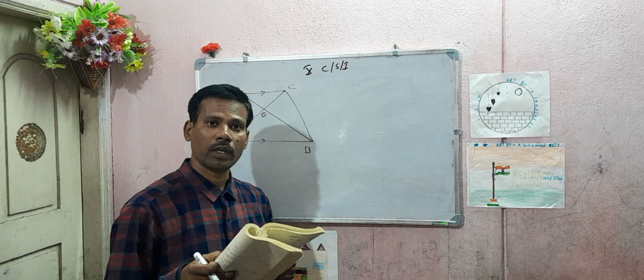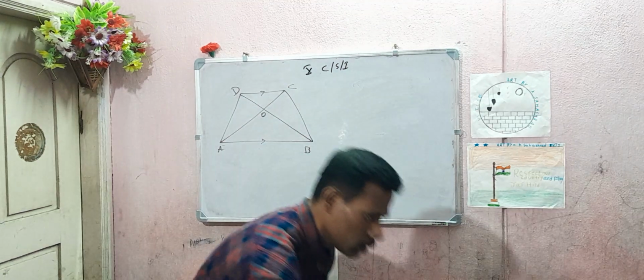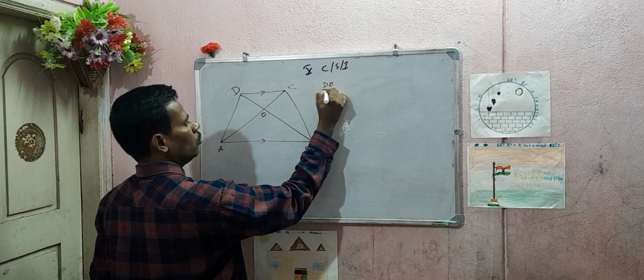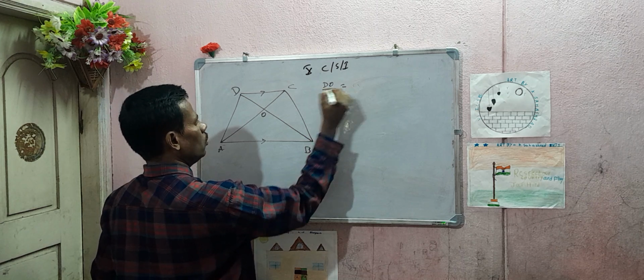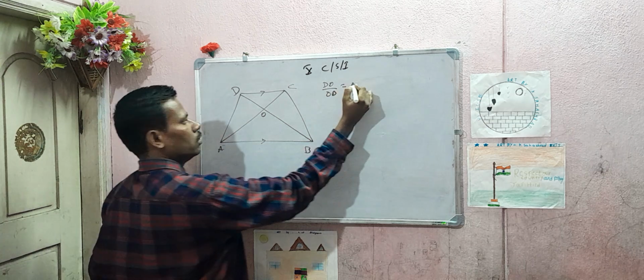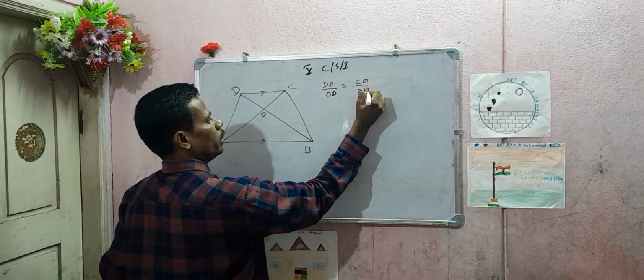Diagonals of a trapezium divide each other proportionally. That means what you have to do is DO by OB is equal to, I started with here, so you need to do like this, CO by OA.